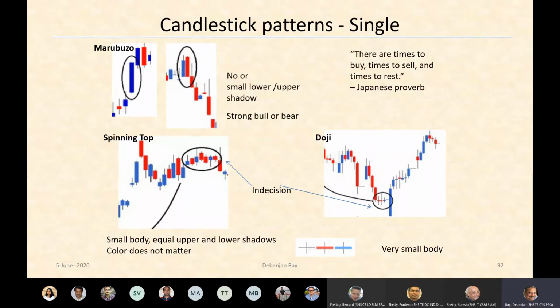There are different types of candlesticks. First we looked into the single pattern, that means only the candlestick of one particular day or one particular time frame. It can be 5 minutes, 15 minutes, 1 hour, 4 hour, etc. So this is a single candlestick pattern on which you will decide something.